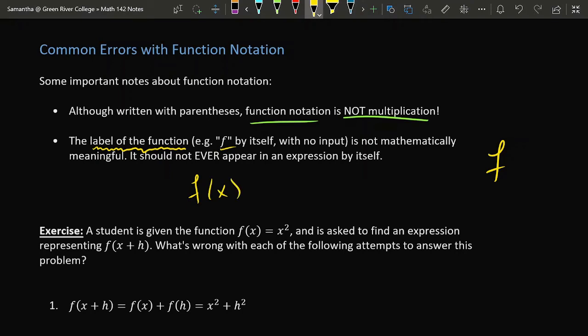So if it's showing up all by itself in an equation, something's definitely gone wrong. A huge mistake has been made. f always has to be paired with an input if it's going to appear in an equation or in a mathematical expression. That's because f by itself is text, and plain text does not belong in a mathematical expression or an equation. The only things that belong in an expression or an equation are numbers or variables. So f of x is permitted, but f by itself is not permitted. No naked f's in your equation.